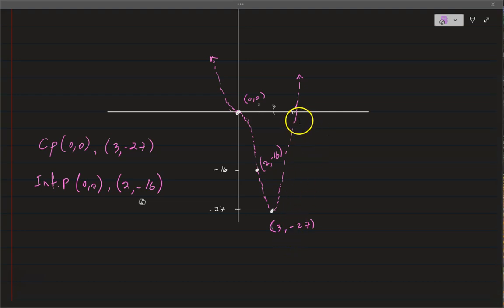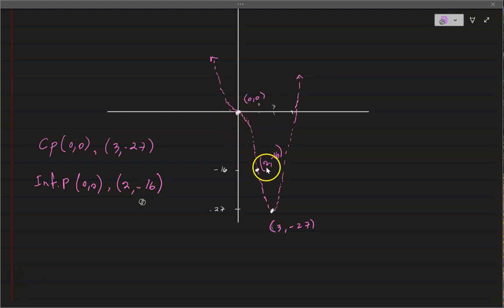Obviously, it's not 100% accurate because we don't know the x-intercepts, but in terms of the curvature change, inflection points and critical points, we can see that we have a local, well, in this case an absolute minimum at negative 27 for this graph, but we do not have any other extreme because at 0, 0 the curvature changes, but it's inconclusive in terms of having any kind of extrema.